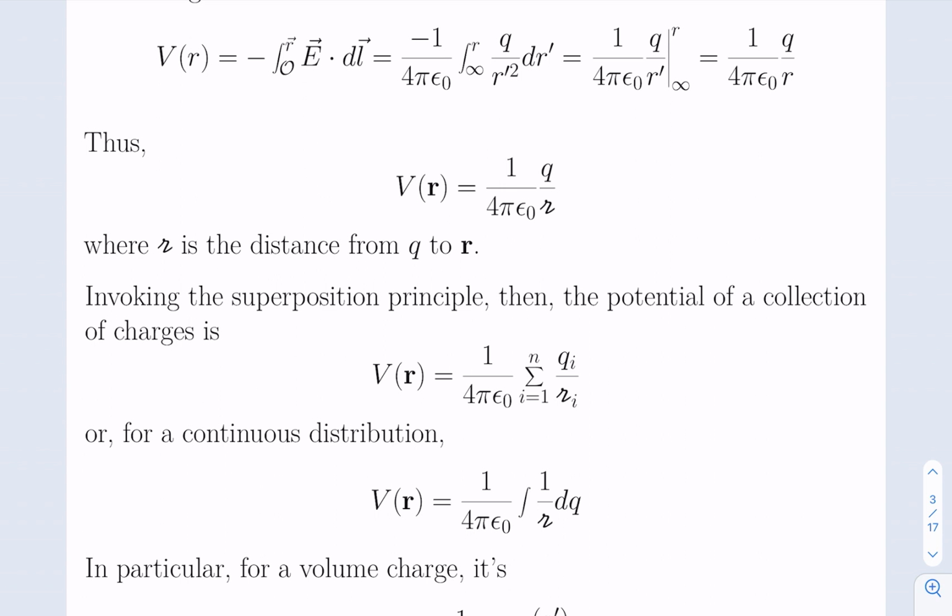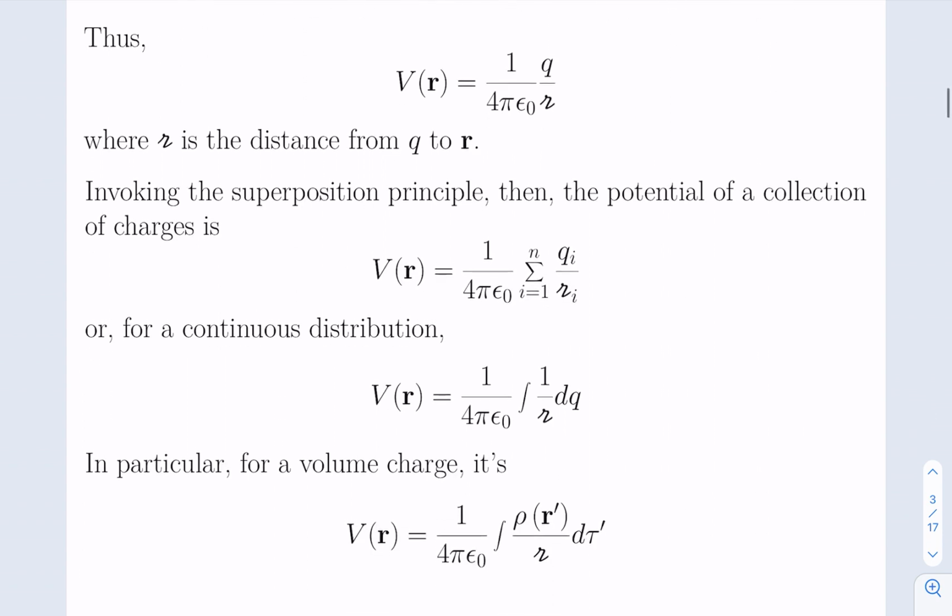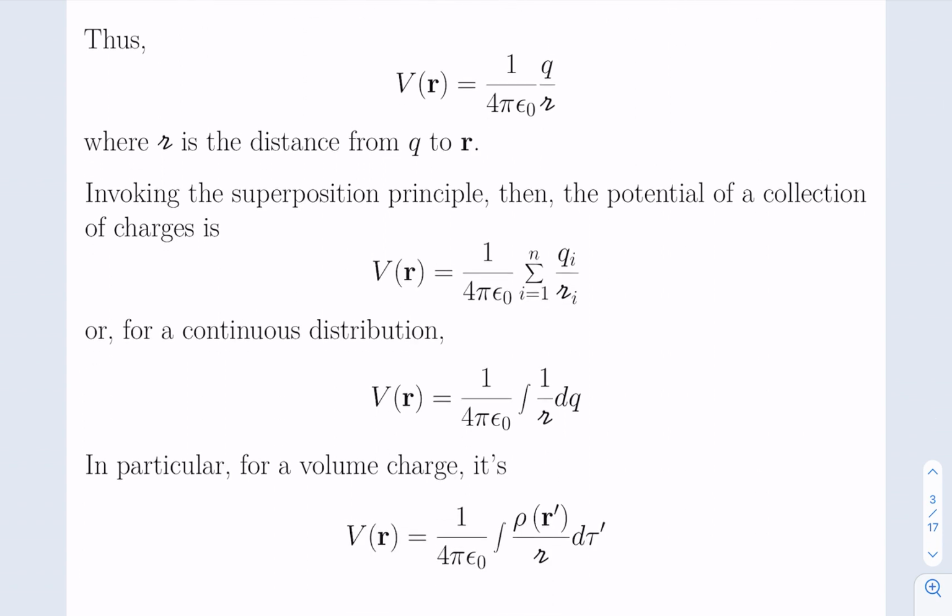Here this is integrating over dq, and this dq can be different depending on volume charge, surface charge, or line charge. For the volume charge, the expression is simply to change dq to d tau.